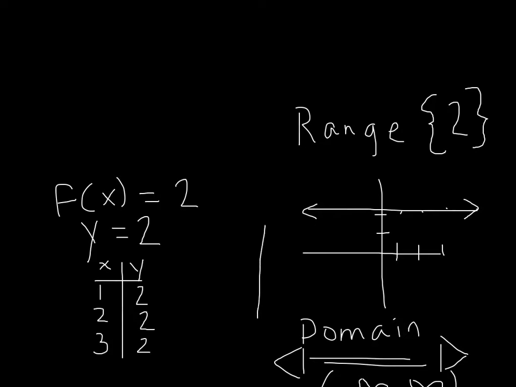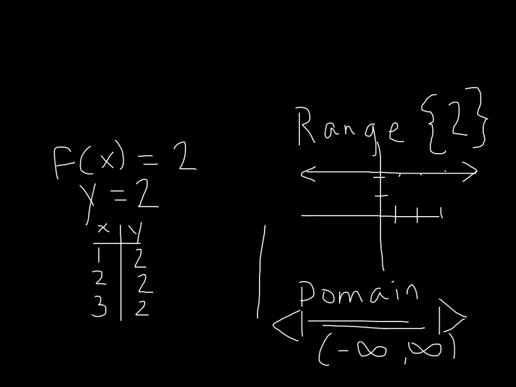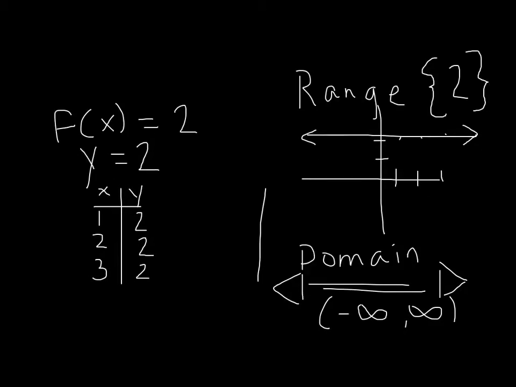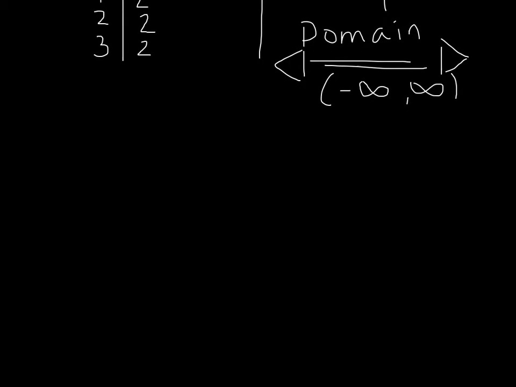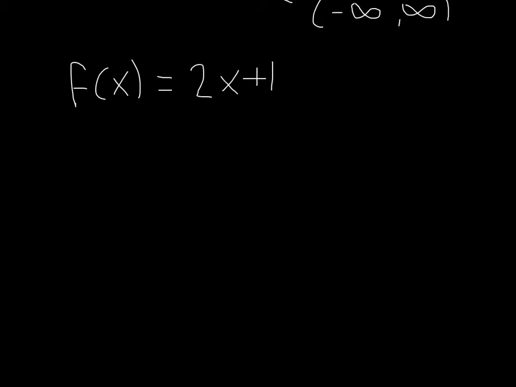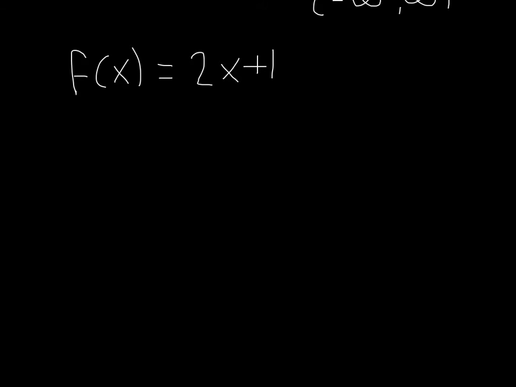Now, let's move this back up and graph a linear function. So f of x is equal to, let's just do 2x plus 1. And that's a nice linear graph that looks like this.